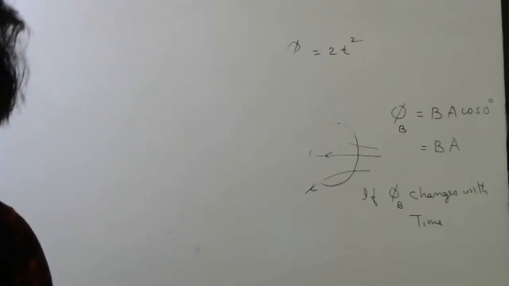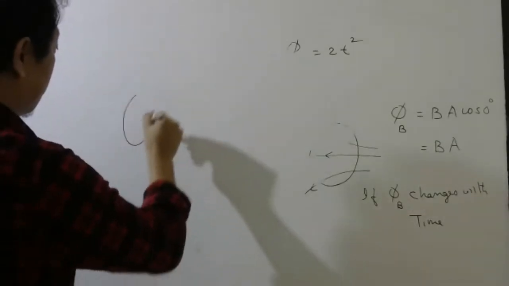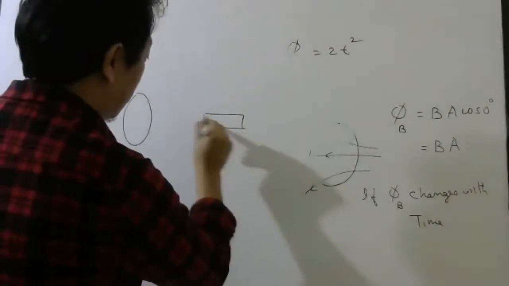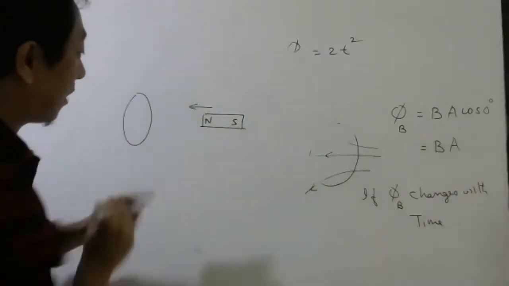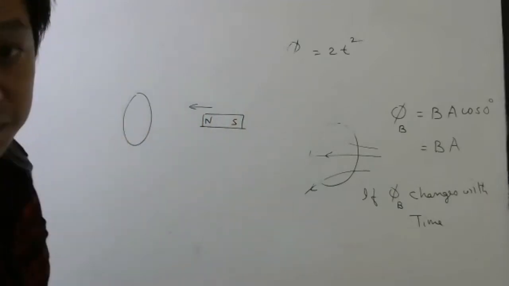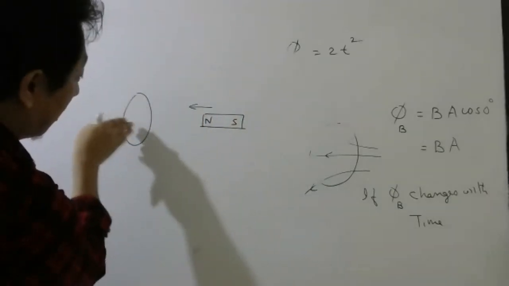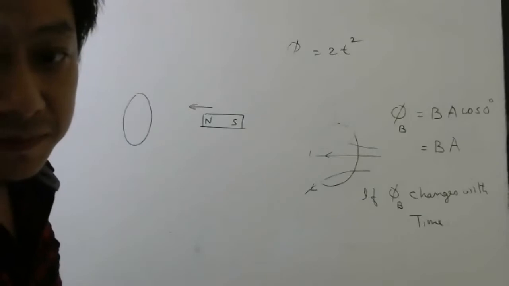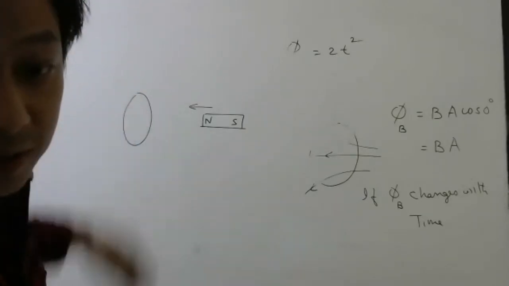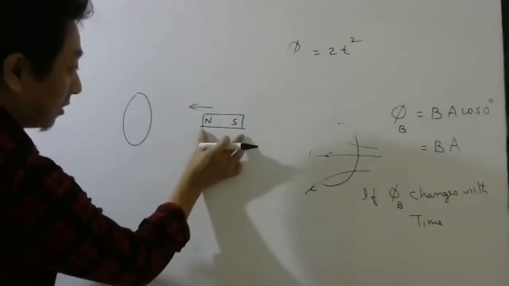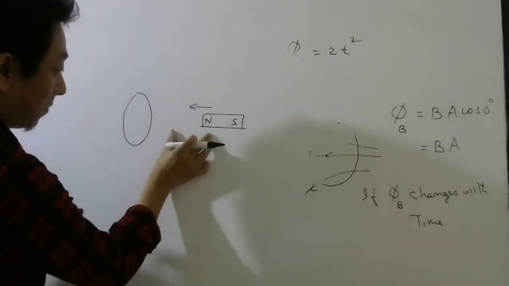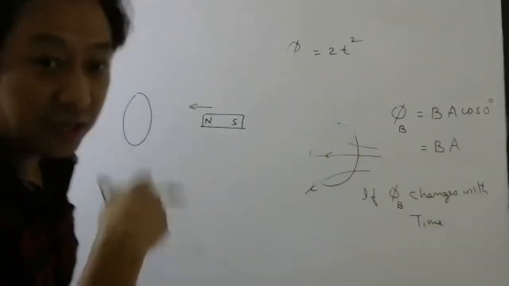Then quickly remind me, if I take a loop and I have a magnet here, north pole on this side, and I move the magnet near the coil, will this side of the coil act like north or south? This side of the coil will act like north. Why? Because when this north is coming closer, the magnetic flux here will increase.